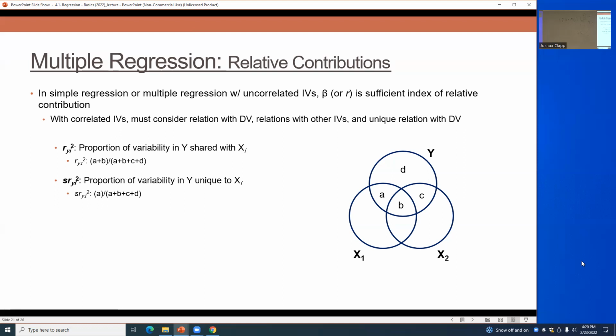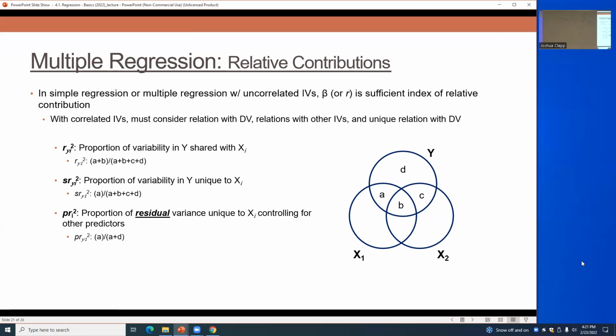Comfortable with this? What we can also calculate is something we call a partial correlation, okay? The partial correlation is the proportion of residual variance attributable to X1 controlling for other predictors. If we take our partial correlation and square that, we've got region A over A plus D, okay?